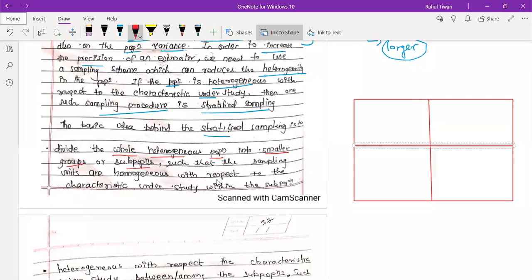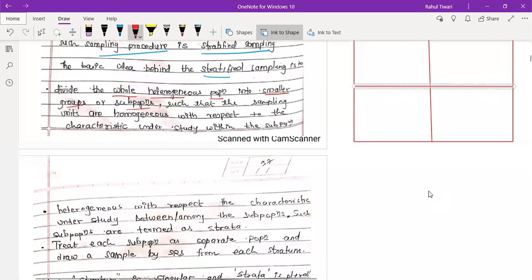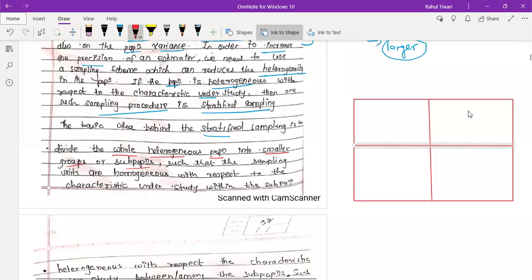So we need to create smaller groups, or you can call them subgroups, in such a way that your units become homogeneous under study, within each subpopulation. Suppose this is my first population, this is my second population, third population, fourth population.